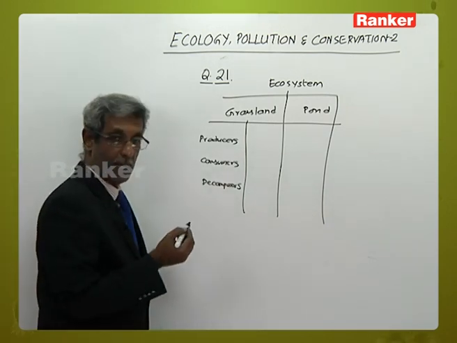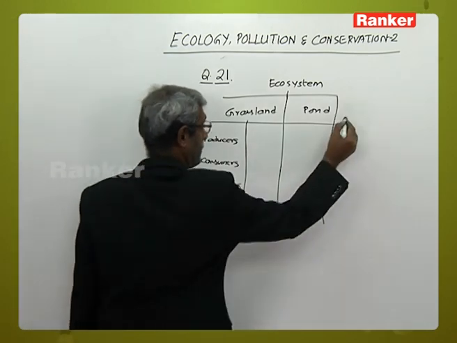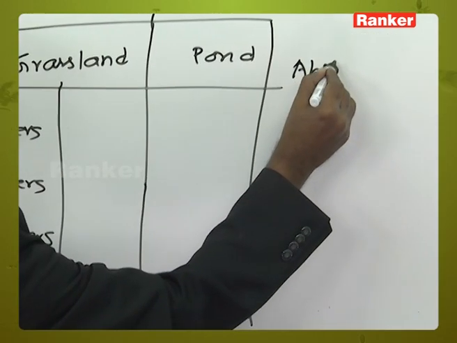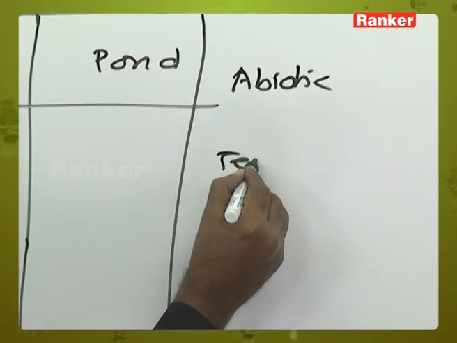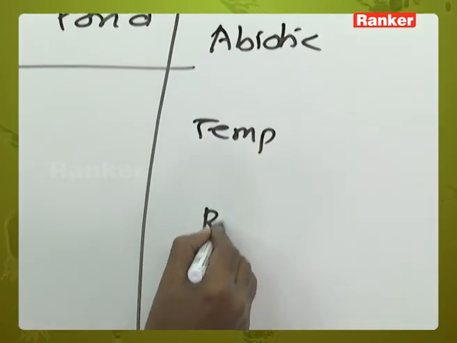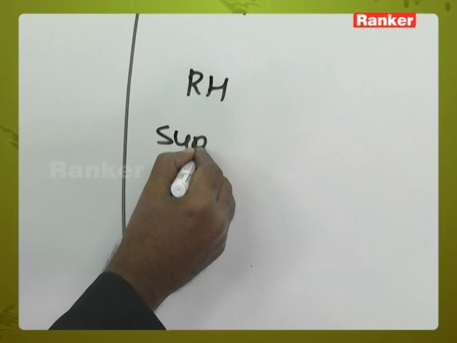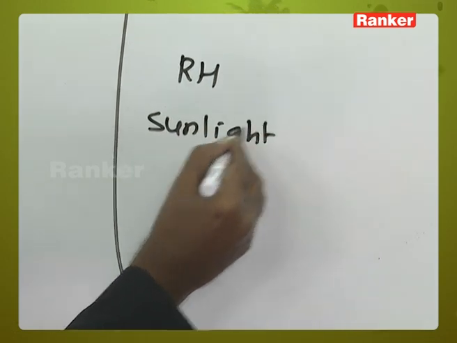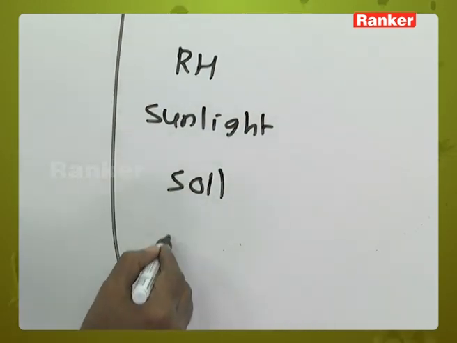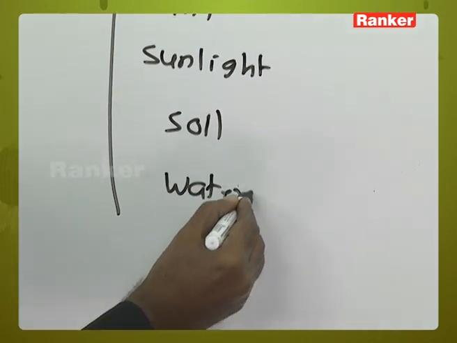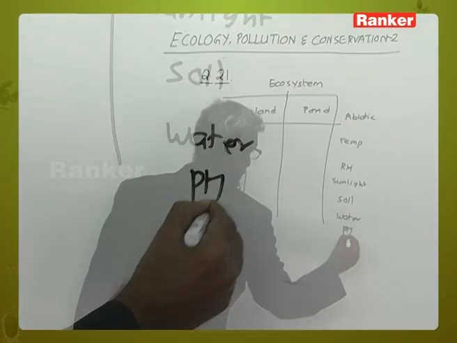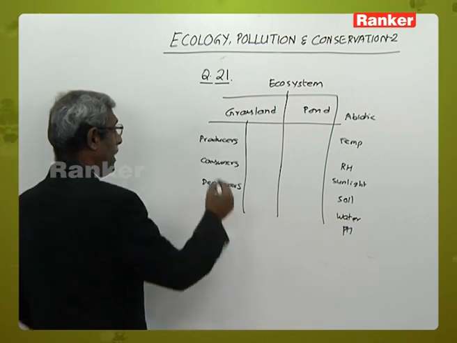Same is the case with abiotic components, like temperature, relative humidity, sunlight, soil, water and pH.